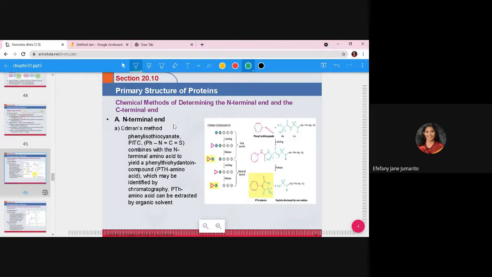So it combines with the N-terminal amino acid to yield phenylthiohydantoin compound or PTH amino acids.